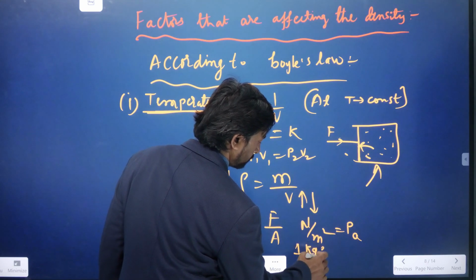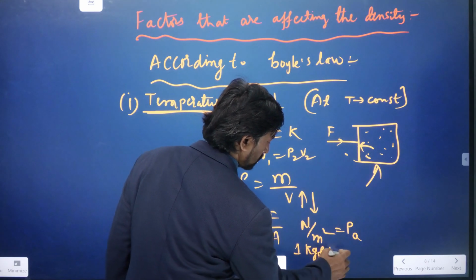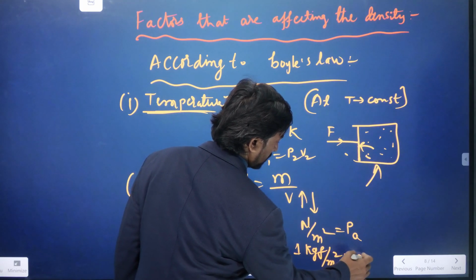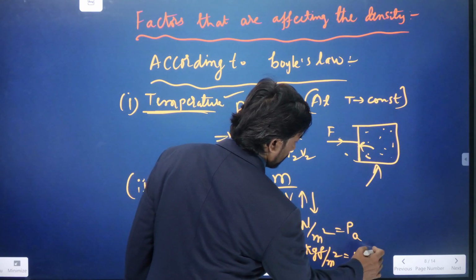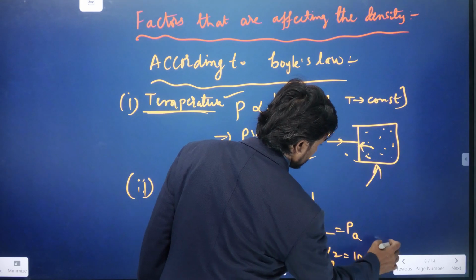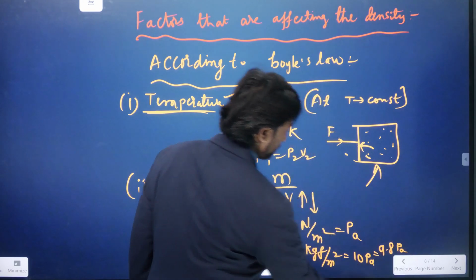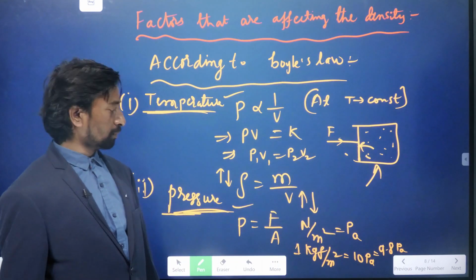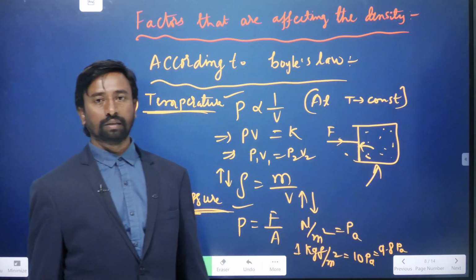So 1 kgf per meter square is equal to how many pascals? It is 9.8 pascals. The symbol of the Pascal is P suffix a.